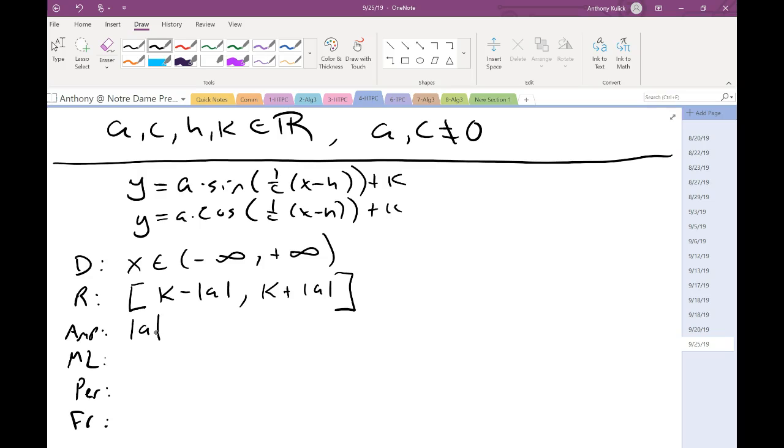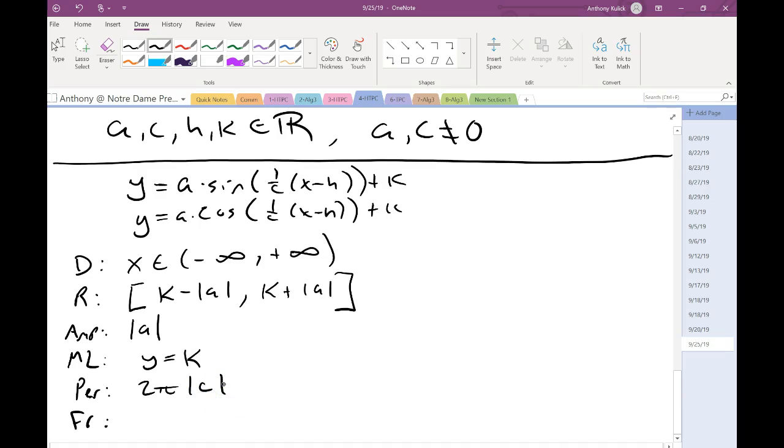What's going to change the midline? Not a horizontal stretch or shrink. Not a shift left or right. Shift up or down will, though. Will the period change? Yes. What's going to affect the period? The horizontal stretch or shrink.